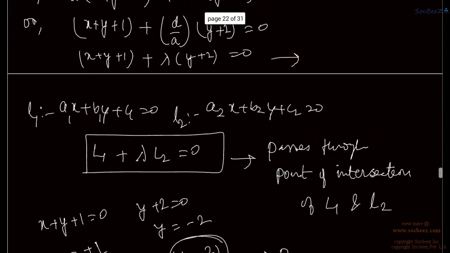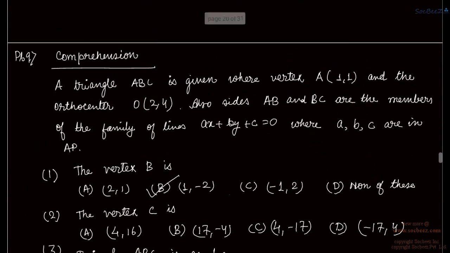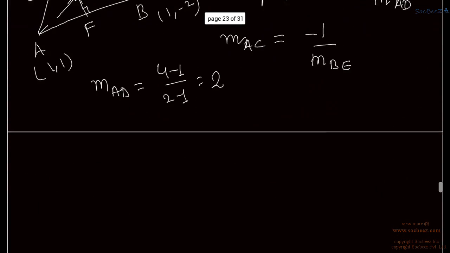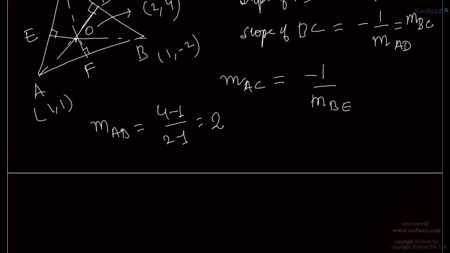And the slope of BE is similarly (-2 - 4) upon (1 - 2). We have made some mistake here.